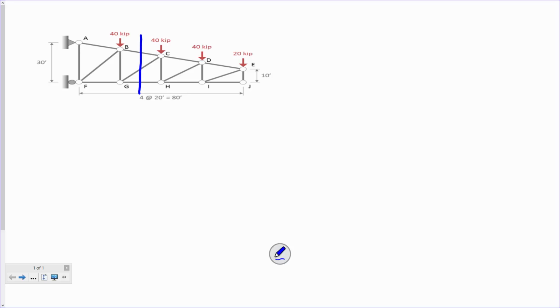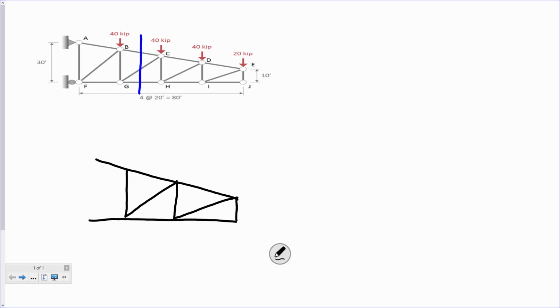So I'm going to redraw this truss down here, and let's see what I get. All right, so okay, so we've got that, and we've got that, and that, and that. And since I've got colors, let's go ahead and use them.